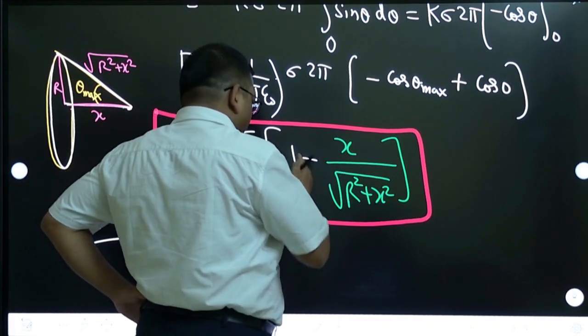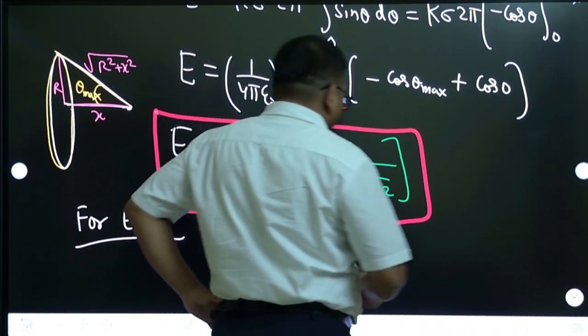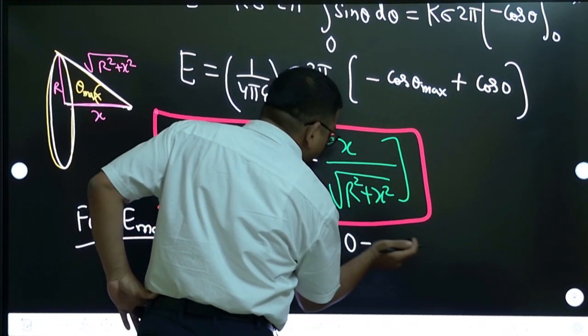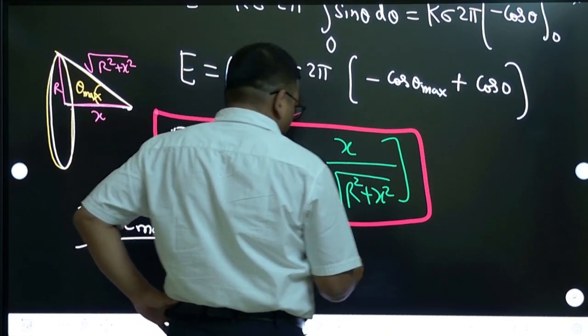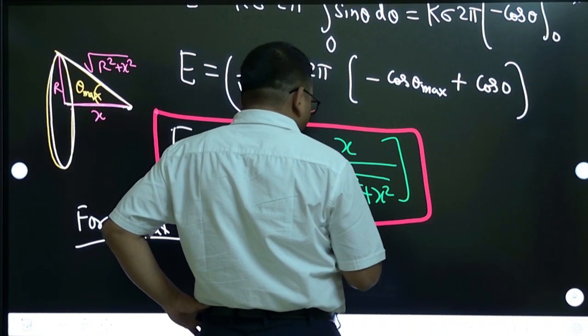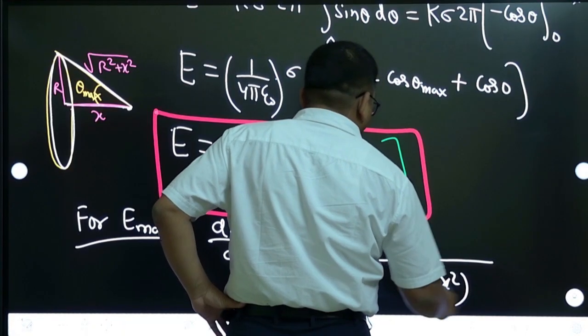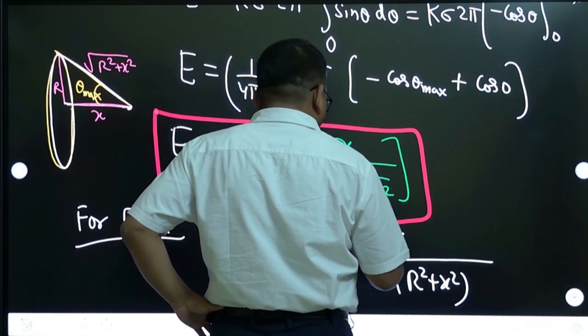So one differentiation is 0 minus differentiation of this. Differentiation of this has to be also 0. So this differentiation will be what? Again square of this. So r square plus x square. U by v. Leave this root under r square plus x square.